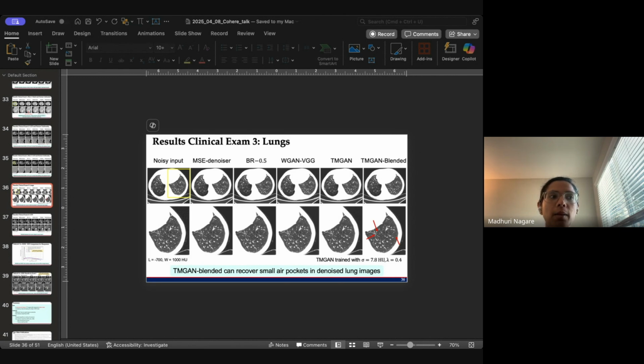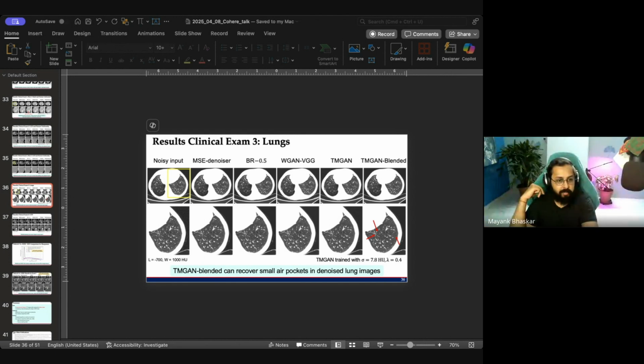But the challenge in diffusion model is inference time is quite long, which is not very good for real-time CT scanners because we want to have clinical images immediately for radiologists to analyze. So that's why methods which have less inference time, like for example CNNs or GANs, they are the best for CT scanners.